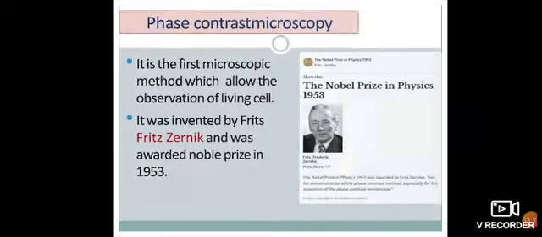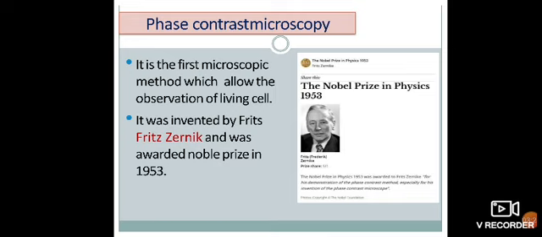Now the point is that the phase contrast microscope was launched by a person. Because it is a new method, obviously someone must have launched it. It is the first microscope method which allows observation of living cells. For the first time we could easily observe living microorganisms by this method.